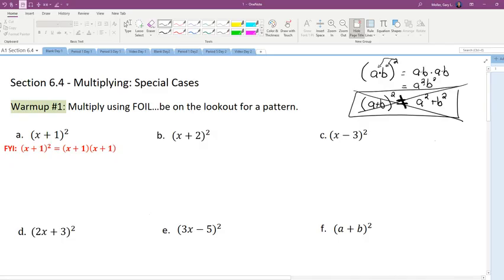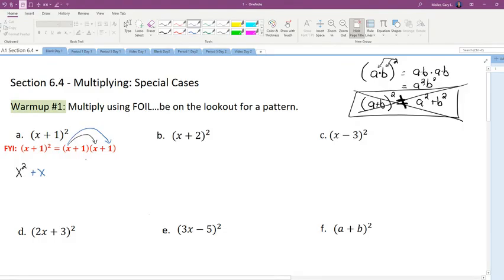A good chance for you to practice your FOIL. A plus b squared, x plus 1, the quantity squared. As you can see in my note, it means just do x plus 1 times x plus 1. So I know using FOIL that I do x times x, and I get x squared. And then I do x times 1 right here, and that gives me plus 1x.